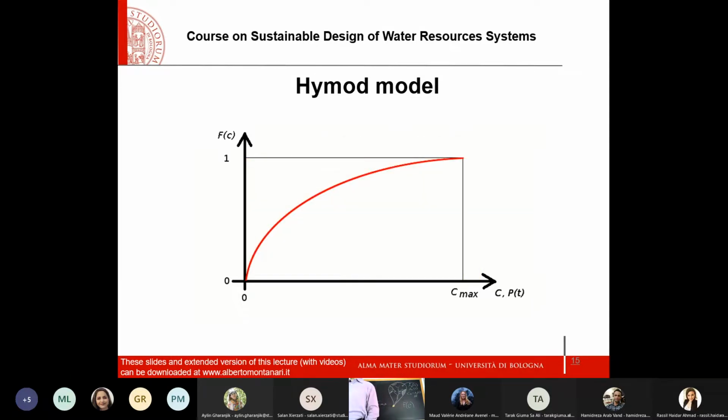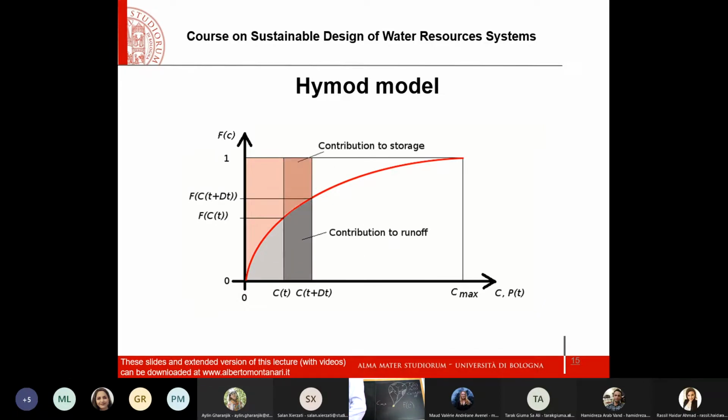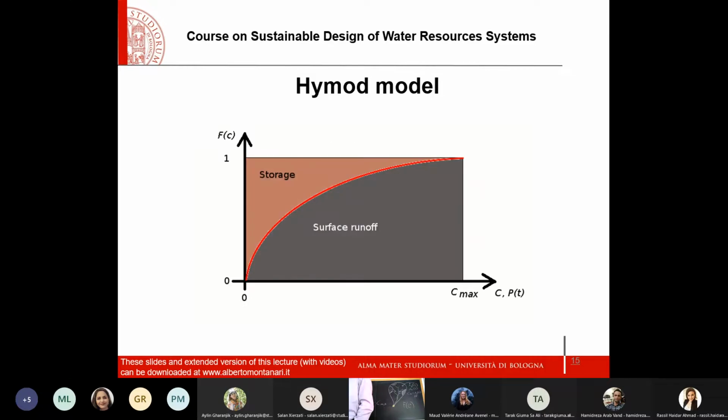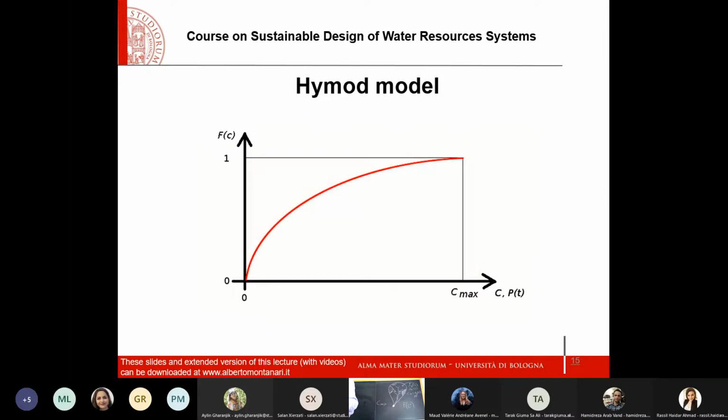But there is another complication here, because I deliberately forgot evapotranspiration. I have to put something there, because otherwise, once the basin is saturated, I don't have any depletion of storage after the rainfall event.